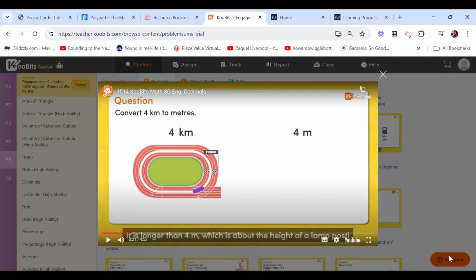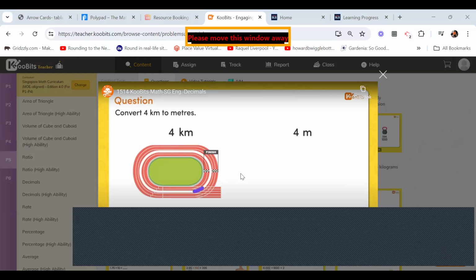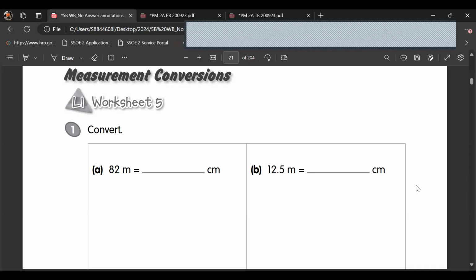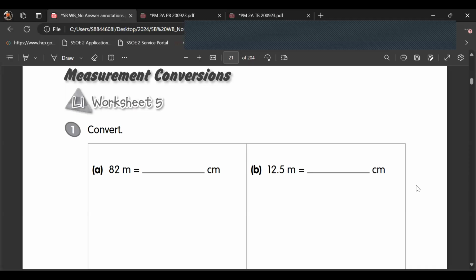I was asking you to find converting from a bigger unit to a smaller unit. Thank you very much. I want you to pay attention to this segment here, which is measurement conversion.